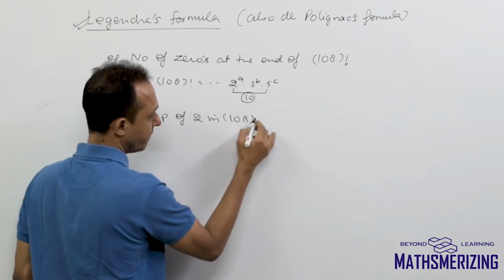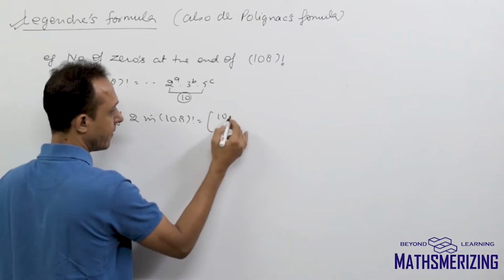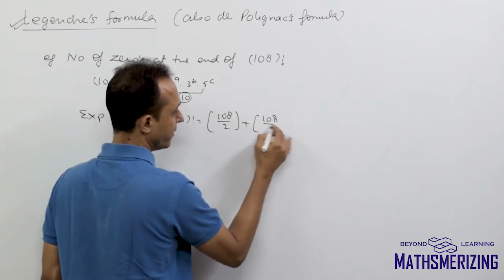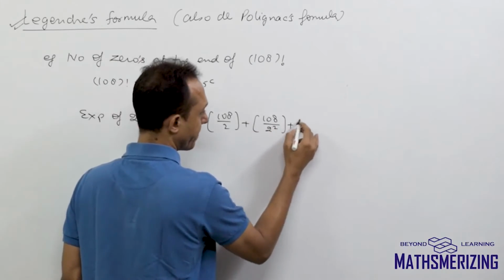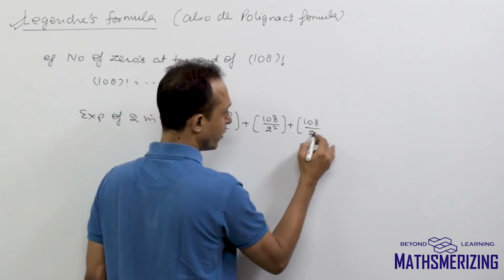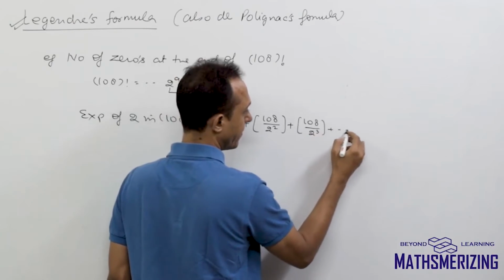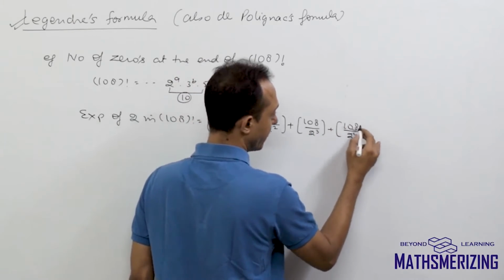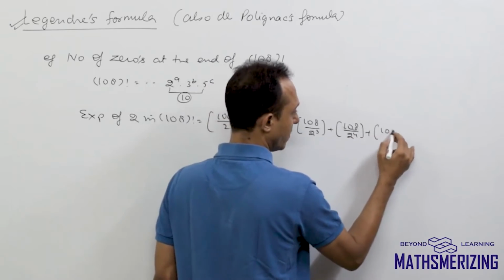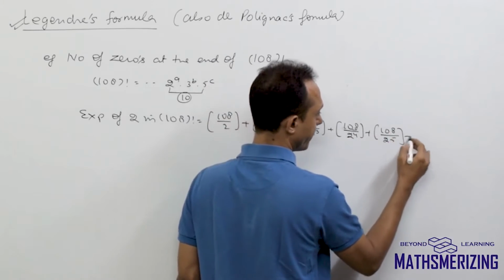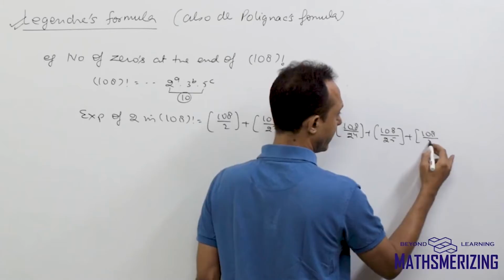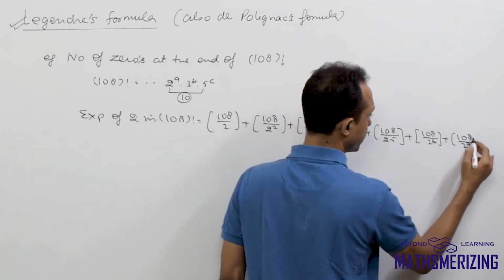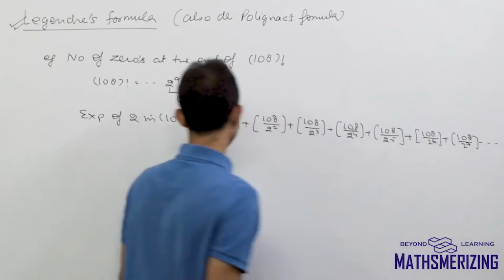So if I have to find the exponent of 2 in factorial 108, what I'll do is I'll write 108 by 2, 108 by 2 square, 108 by 2 cube, 108 by 2 to the power 4, 108 by 2 to the power 5, 108 by 2 to the power 6, 108 by 2 to the power 7, I'll go on.